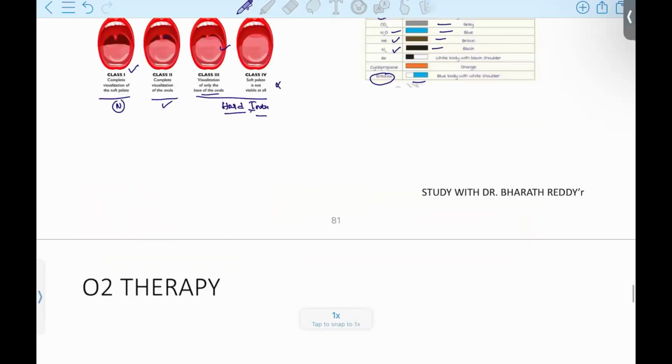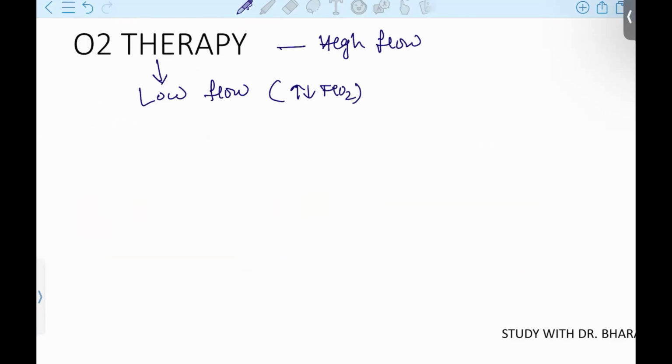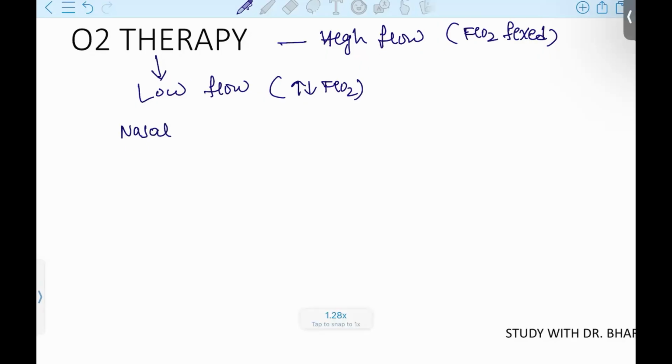Next, coming to O2 therapy. When I say O2 therapy, there are two types. One is the high flow devices and the second one is the low flow devices. What does high flow and low flow mean? In the low flow, you will have a variable FiO2. But with the high flow devices, FiO2 is always fixed. Okay, that is one of the features. But what are the types? In O2 therapy with low flow devices, the first one is the nasal cannula for mild hypoxemia.